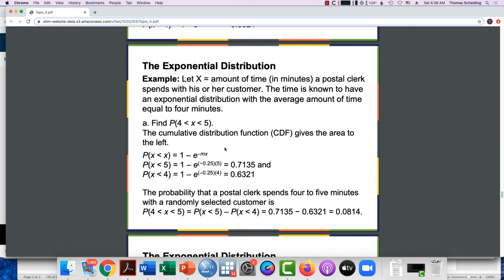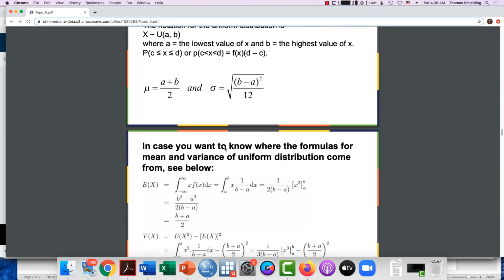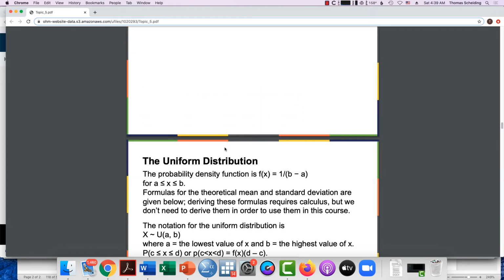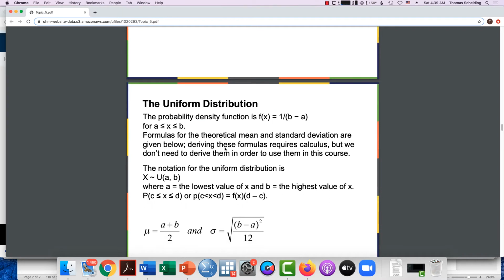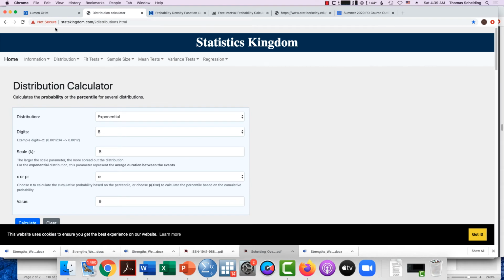So in the uniform distribution, going back to this over here, you're going to see this for like 5 questions in the very beginning of the homework. And this is just really dealing with this issue. Let's try to go to this over here.